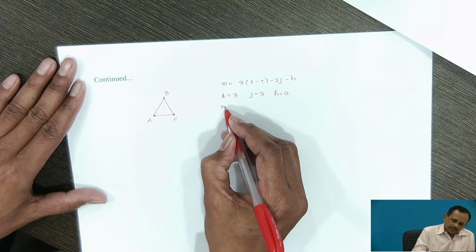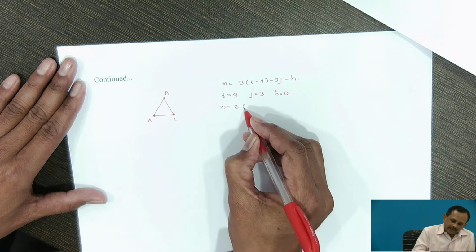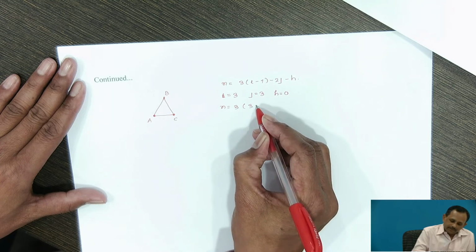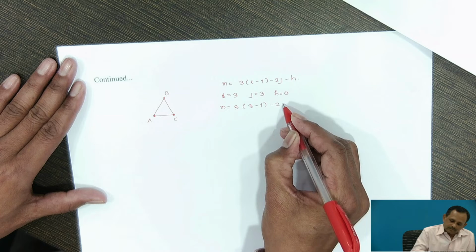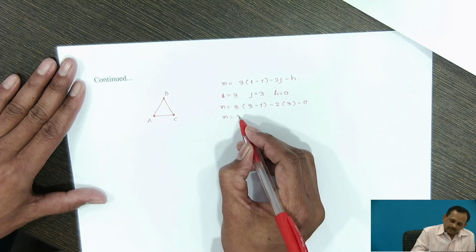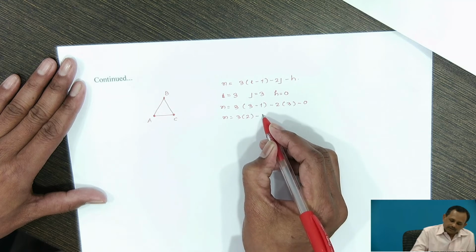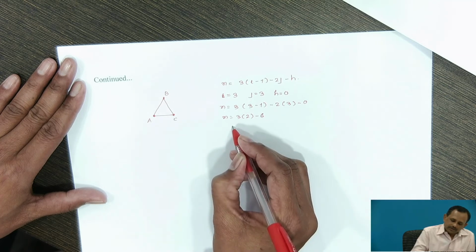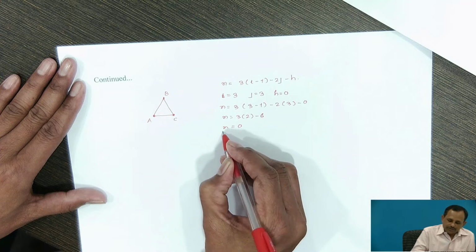Therefore, by putting the values, we can calculate the degrees of freedom. So, it will be 3 into 2 minus 6. So, N equal to 0.